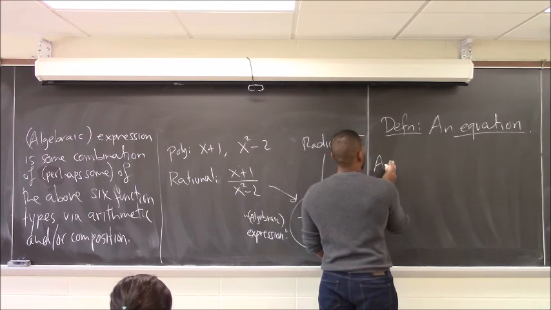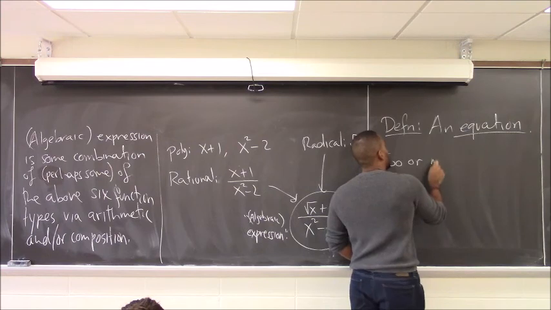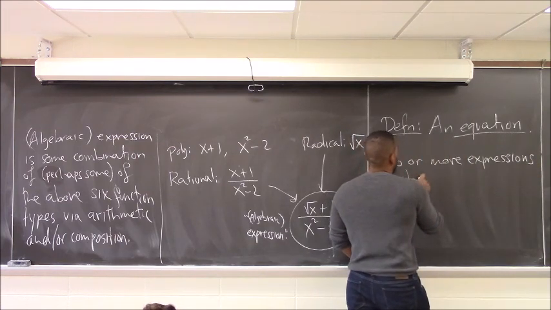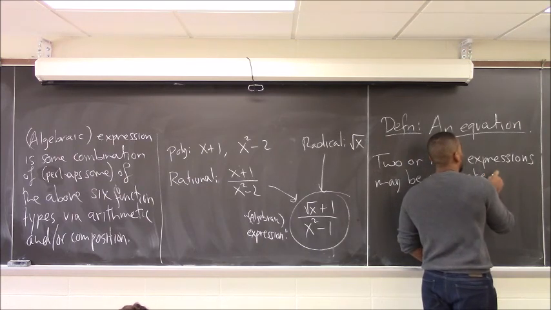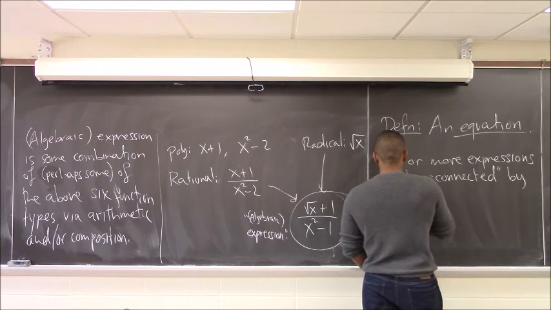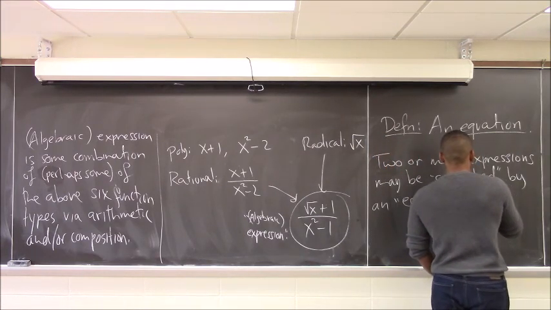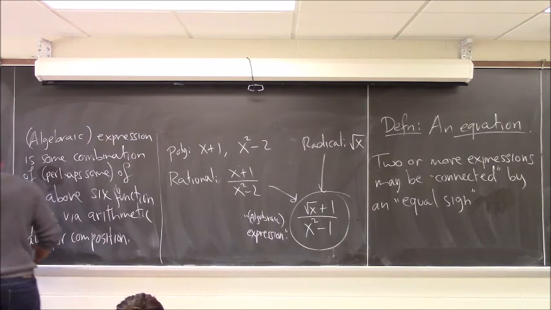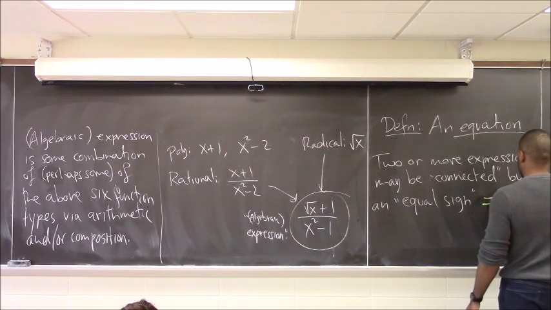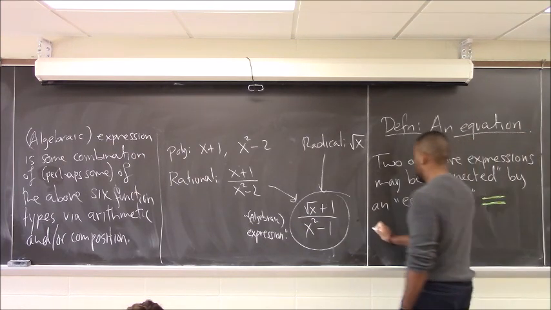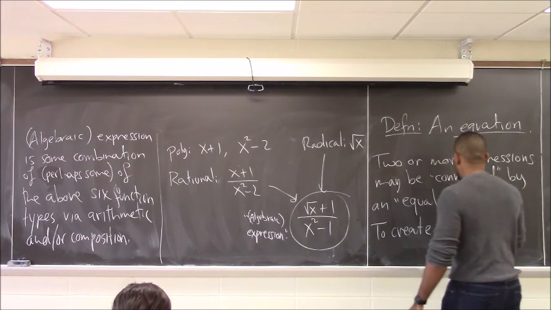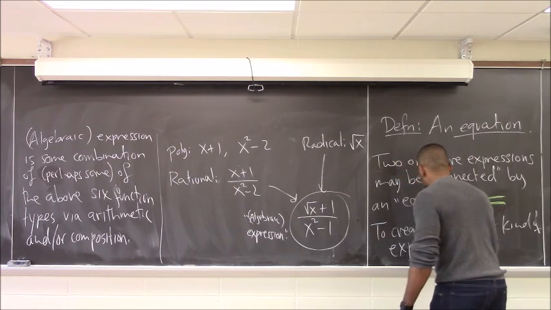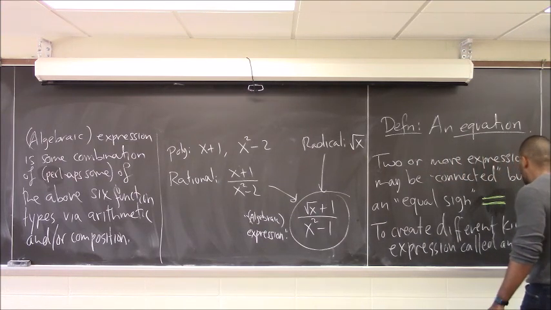Two or more expressions may be connected by what we call an equal sign, and that's the guy that looks like this, just 2 horizontal bars, to create a different kind of expression called an equation.